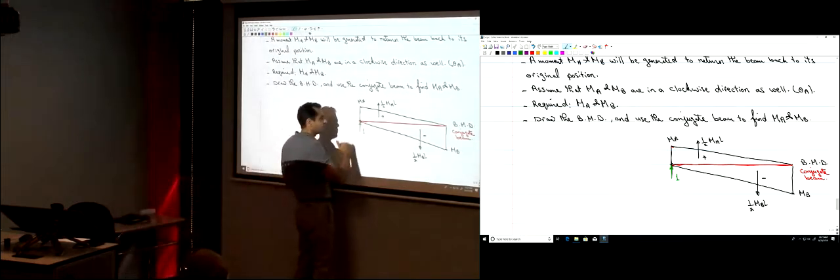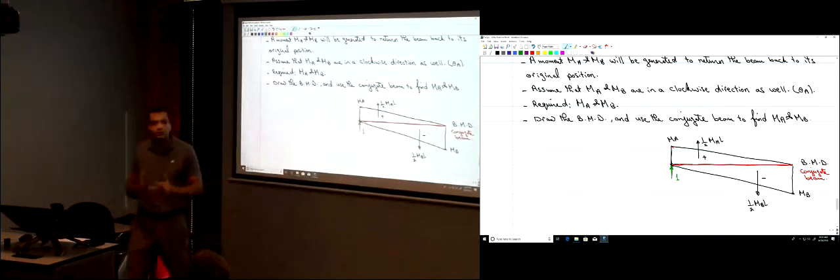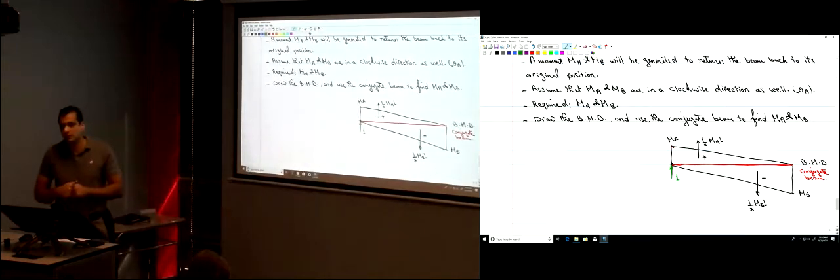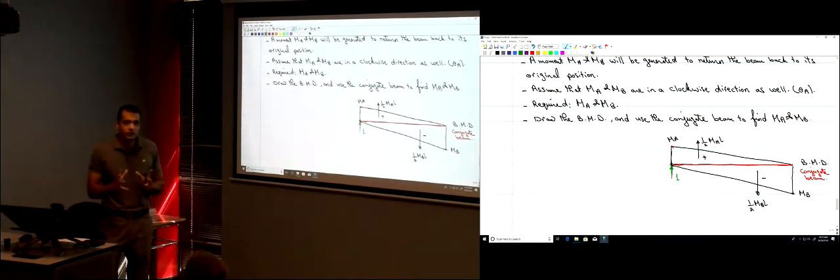When I ask you, how much is the shear here? You take the section here, so the shear is 1. The shear is the rotation, so the rotation is 1, so now this is correct. This is the correct conjugate beam that represents the boundary conditions that I have in my problem. Any question here?